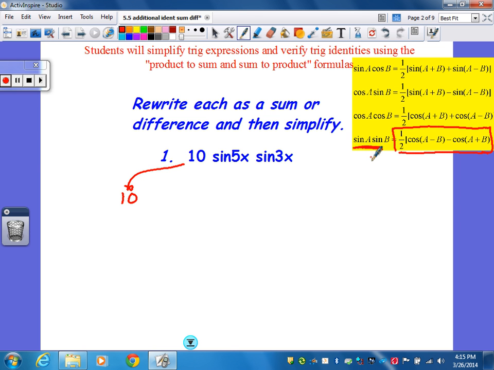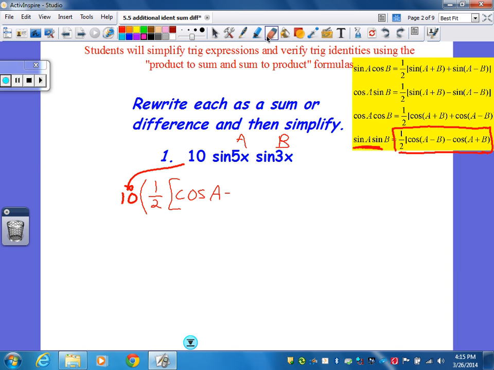So right away, I'm going to put parentheses around it. That's why I have 1/2 cosine a minus b, where I identify my a as this, and my b is 3x.